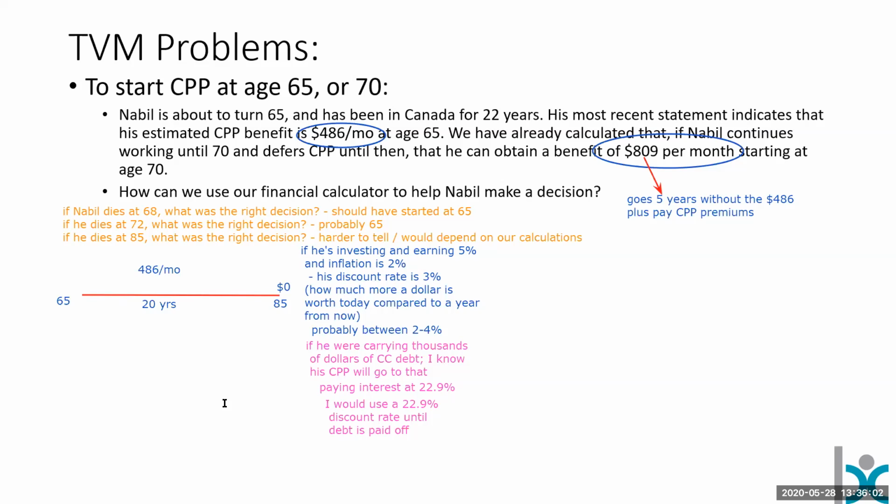So discount rate, Stephen, normally where you see discount rate used is in actuarial calculations. Okay, so it's a term that actuaries use to say, what is the value of a dollar today compared to the value of a dollar tomorrow? Okay.